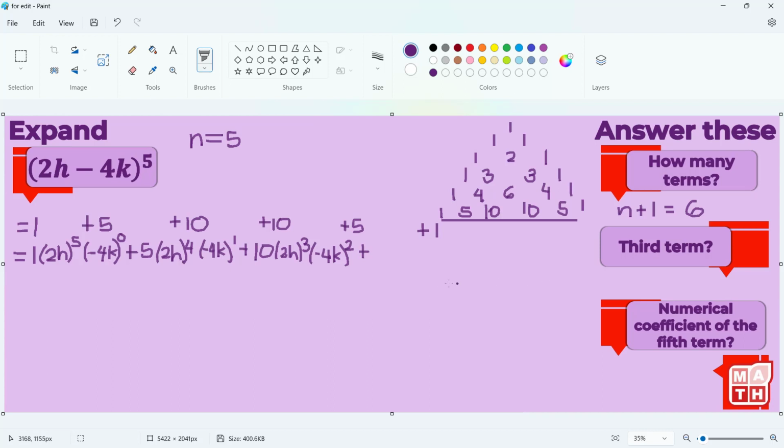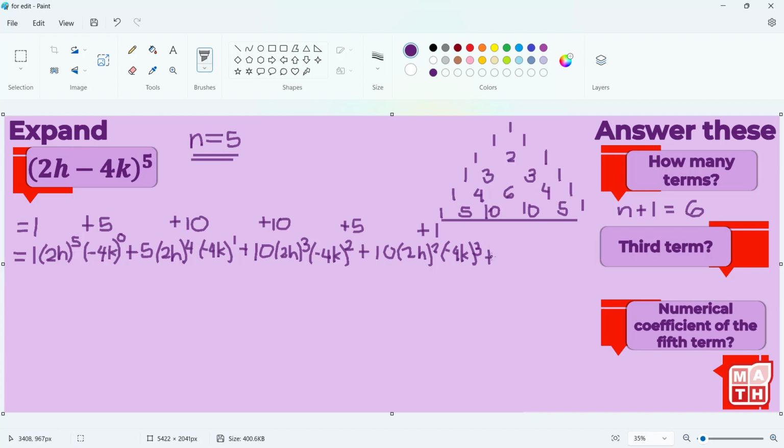Before we proceed further, you would know that your exponents are correct if you examine their sum: 5 plus 0 is 5, 4 plus 1 is 5, 3 plus 2 is 5. If the sum of the exponents matches the highest degree, or the n, then you are doing it right. If it doesn't, then there might be something wrong. So you have 10, 2h squared, then negative 4k cubed.